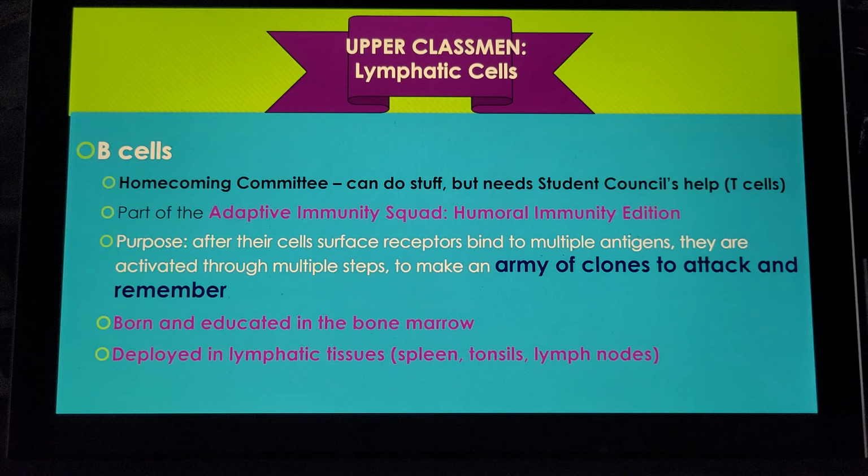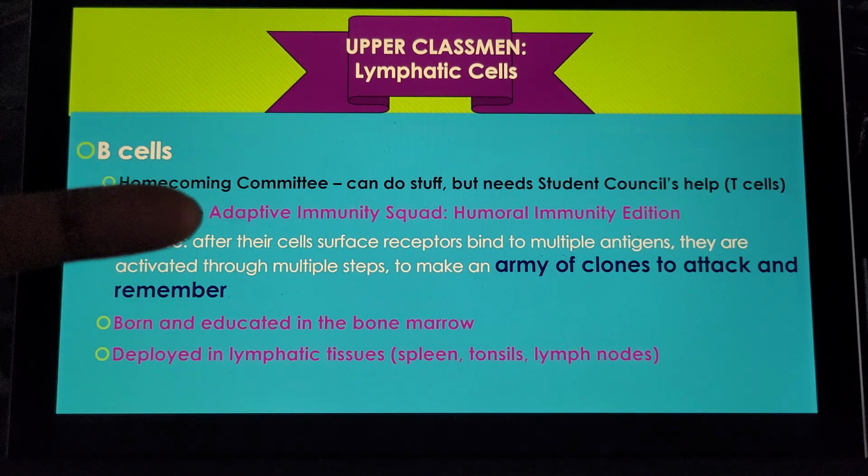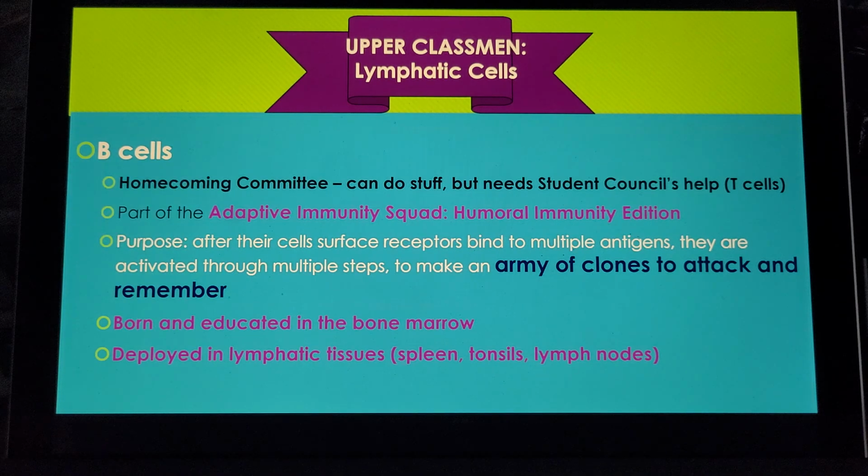Okay, let's look at our other tag team champ. So that is our B cells. I call them the homecoming committee because, yeah, they can do stuff, but they've got to have student council, or the T cells, help. So these are part of adaptive immunity, but they're the humoral immunity addition. So they're going to develop a specific one adapted to that particular pathogen.